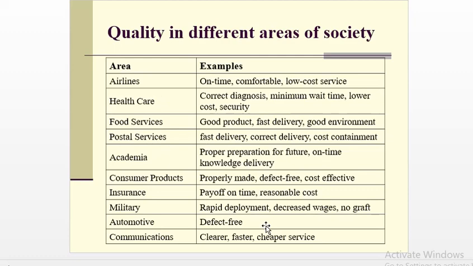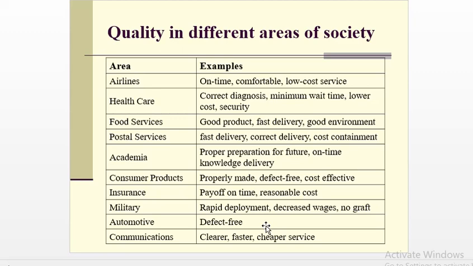Then quality in the different areas of society. As the area is airlines, for example, the aircraft is on time for your service, with comfortable, low-cost services. In healthcare, if you go for any healthcare services, the correct diagnosis, minimum wait time, then lower cost.